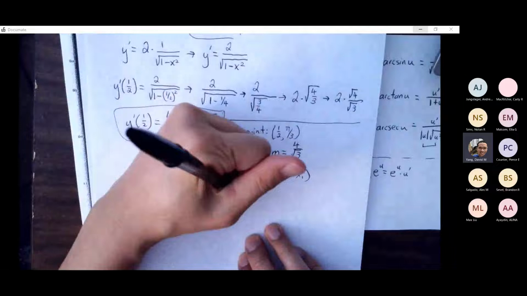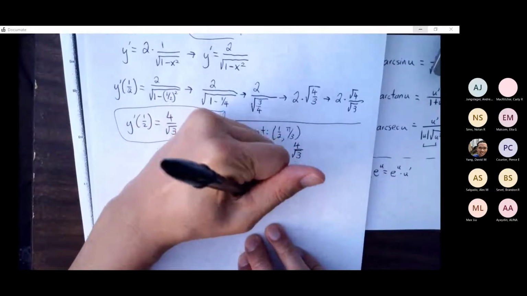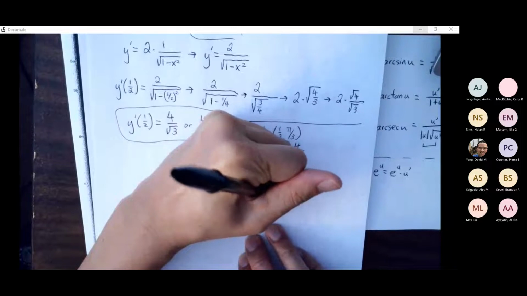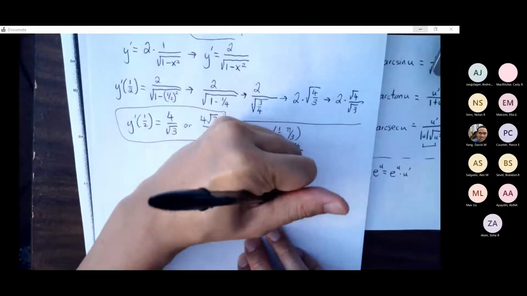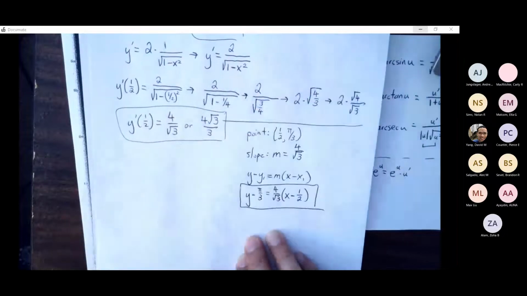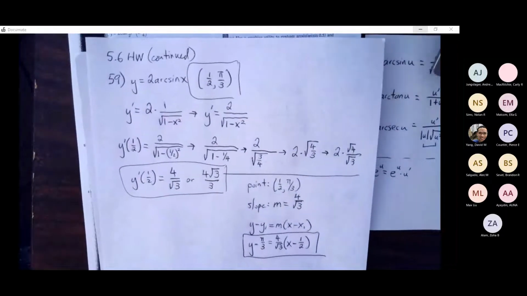Slope is the 4 over root 3. There's my equation of the tangent line. Okay, any questions?